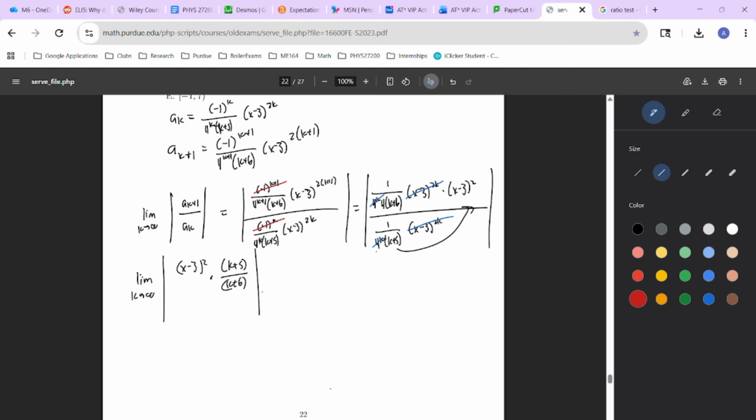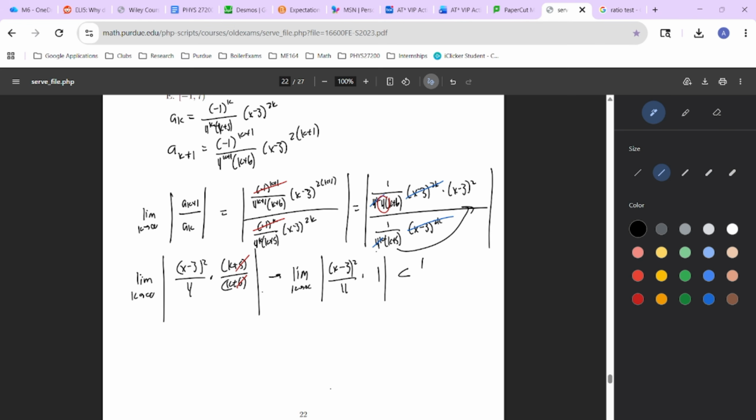If that's the case, then these two constants become insignificant, and we only look at the ratio between the significant factors of k here, which is k over k. That'd be the limit as k approaches infinity of x minus 3 squared. Oh, sorry, forgive me, the 4 here. Bring out the 4. x minus 3 squared over 4 multiplied by k over k. This reduces to 1. So we're left with this as our final, most simplified version of the expression.